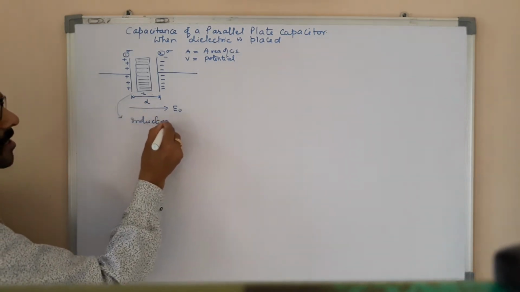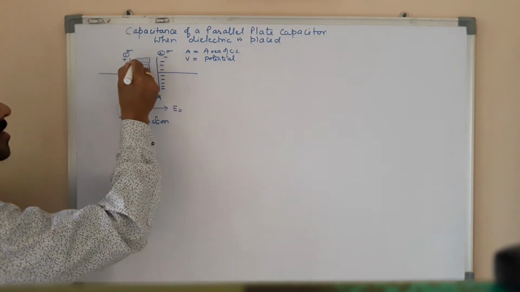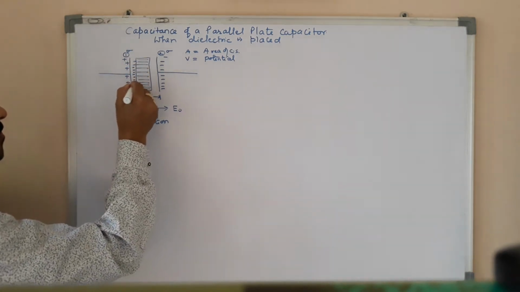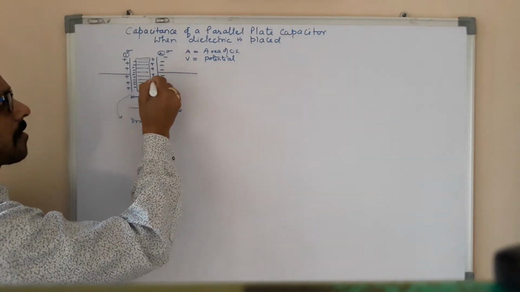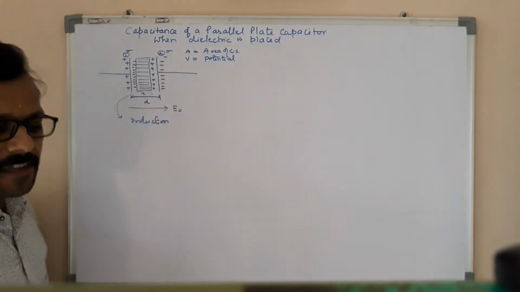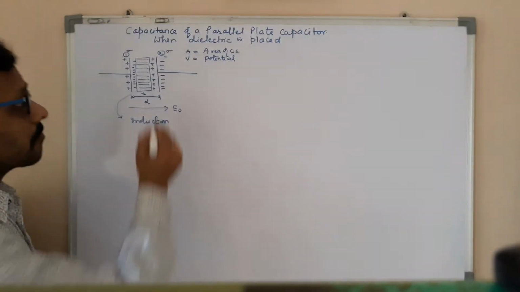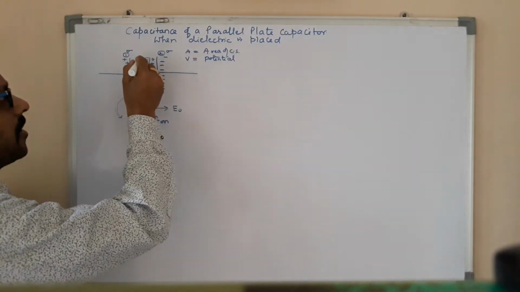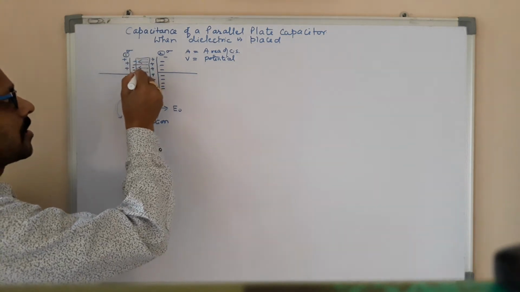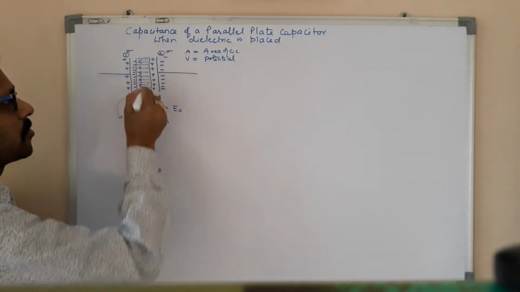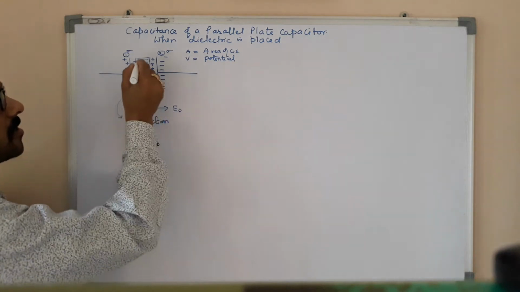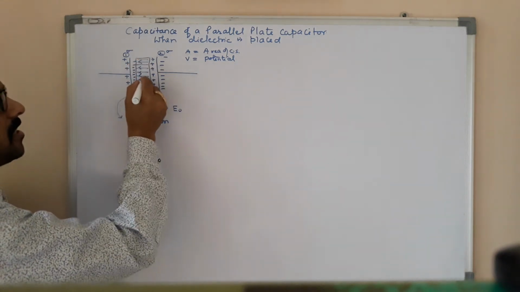Due to induction, minus charge develops on the left side of the dielectric and plus charge develops on the right side of the dielectric. So an electric field is induced in the direction opposite to E naught, and let me mark this as EI.